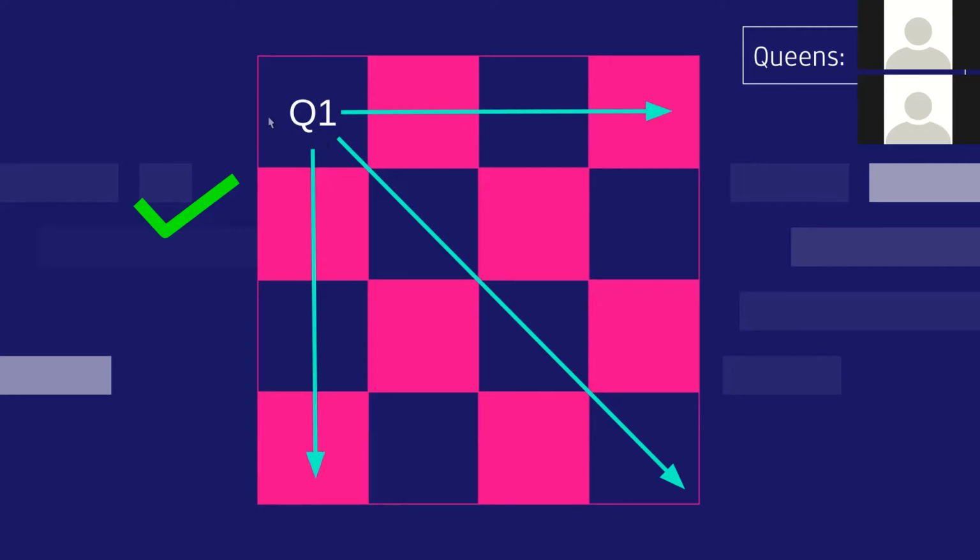Because it is at the corner, it only attacks this one diagonal, but if it is somewhere in the center, it attacks both diagonals. If q1 was here, it would attack this diagonal as well as this diagonal, top, bottom, left, and right. So queens are very powerful.